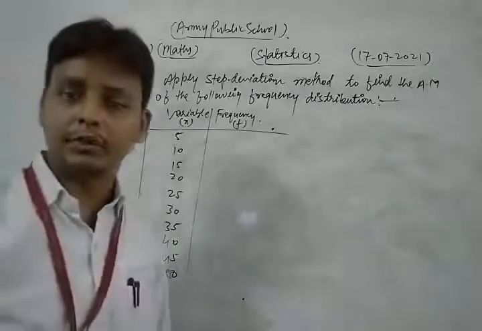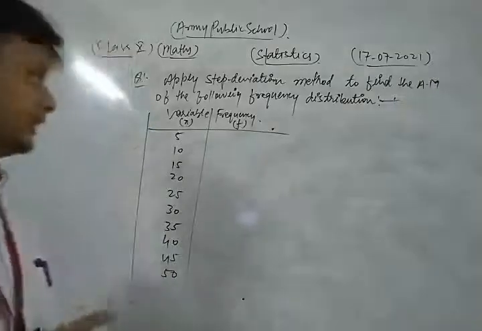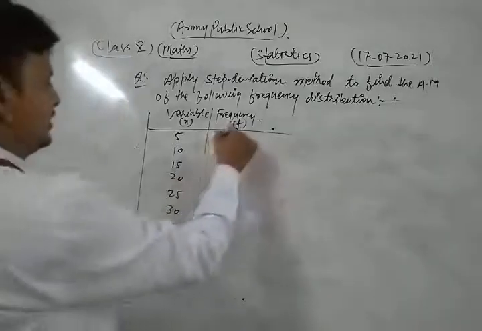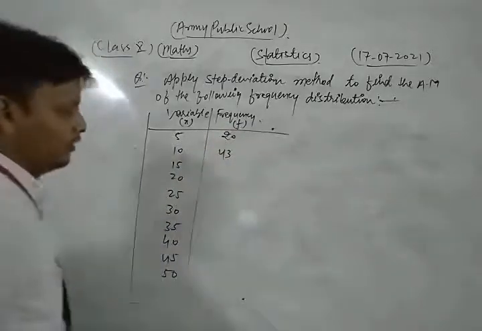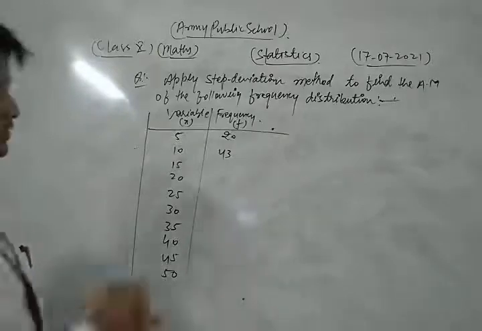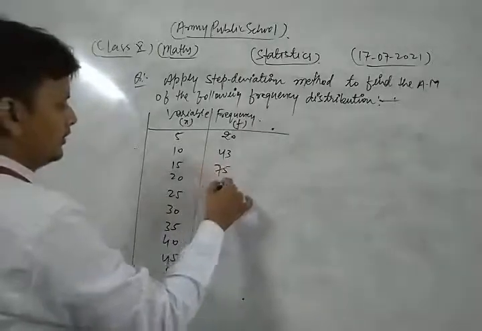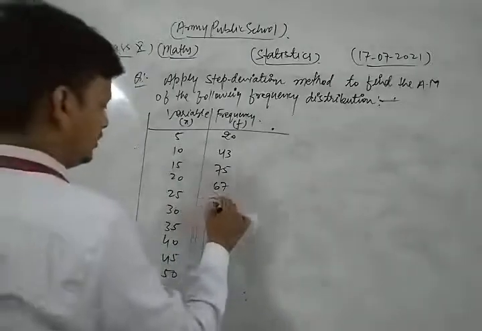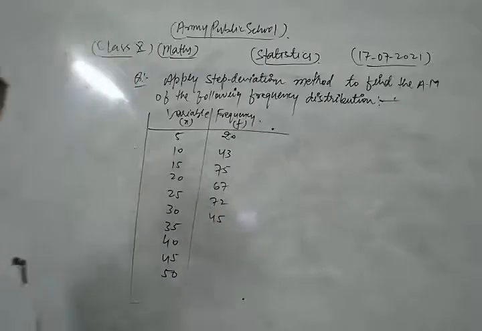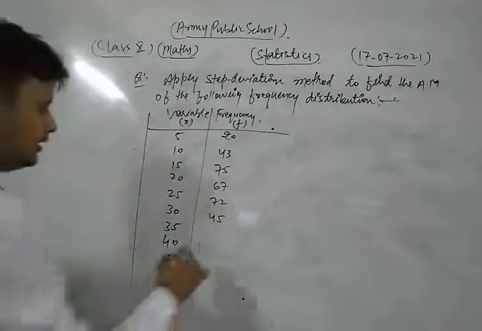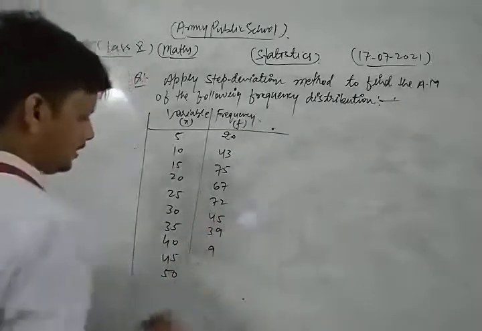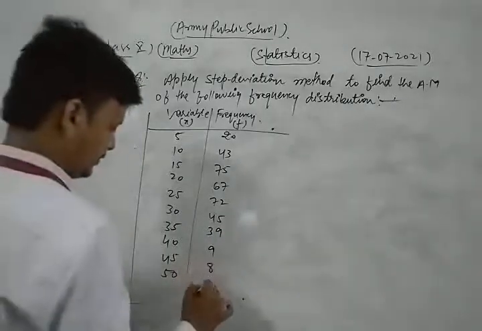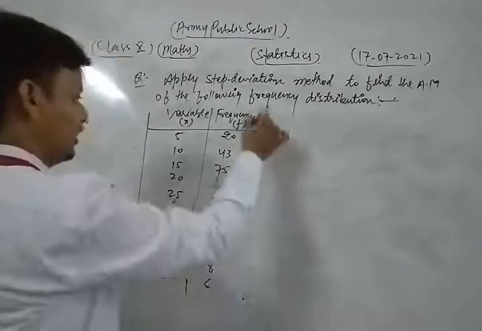These are the variables given in our question, and their corresponding frequencies are 20, 43, 75, 67, 72, 45, 39, 9, 8, 6.